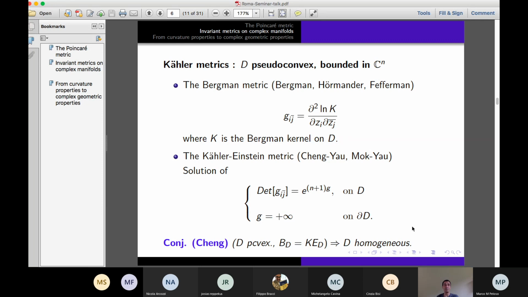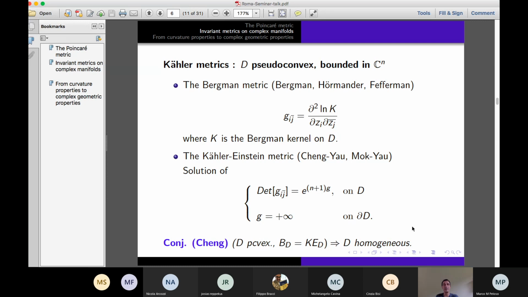They proved that if you consider a strictly pseudo-convex domain in Cn, and if you assume that the Bergman metric is Einstein, then necessarily the domain is the unit ball, of course if you make an assumption about simple connectedness and so on. So you see, it's very particular to have a domain for which the metrics coincide.